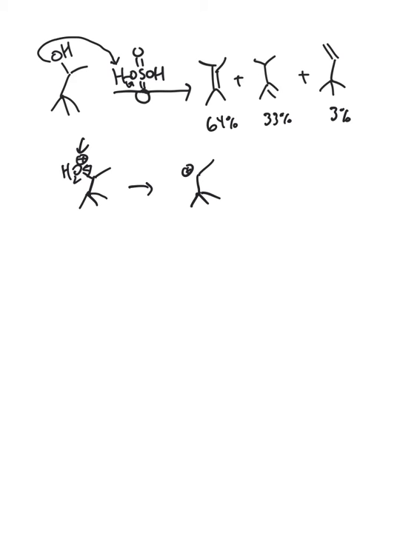We have to get to the cation, and then from the cation we can actually, let's go ahead and redraw the same cation 3 times, so we can show the formation of all 3 products.